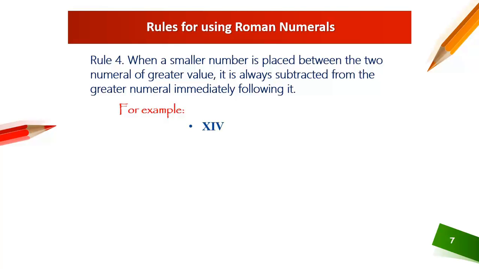I here is the smaller number placed between the greater values X and V. So, XIV can be stated as 10 plus 5 minus 1, which is 14. Similarly, it goes for LIX. I, the smaller value, is in between the L and X, which are of greater value, so it can be written as 50 plus 10 minus 1, that is 59.